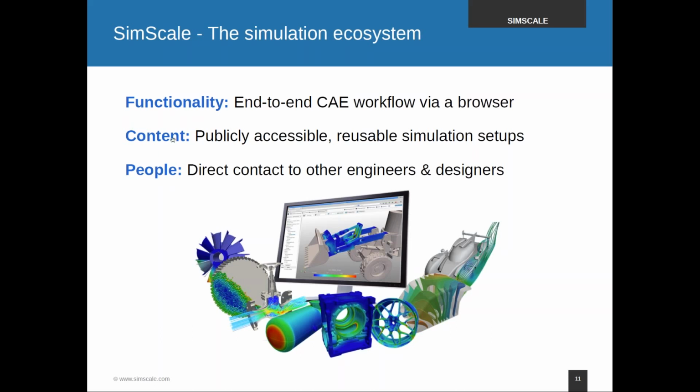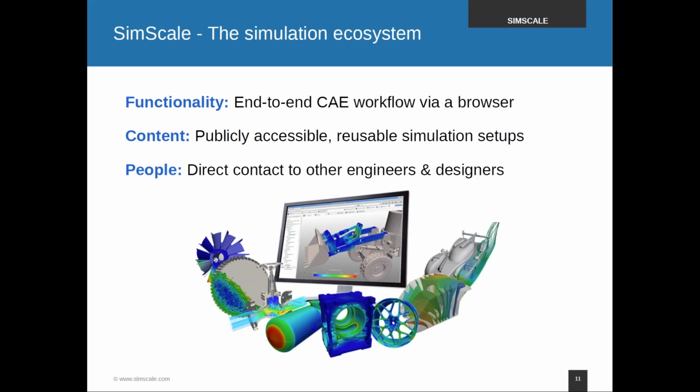We are also bringing content together. We have hundreds of ready-to-use high-quality simulation projects and reusable simulation setups, and we bring people together because simulation experts, enthusiasts, students, and researchers from all over the world are part of the SimScale platform. Therefore, the idea of SimScale is really not only to provide you with the tools, but to provide you with everything you need to use simulation successfully in your company, which will help you save money and design better products.